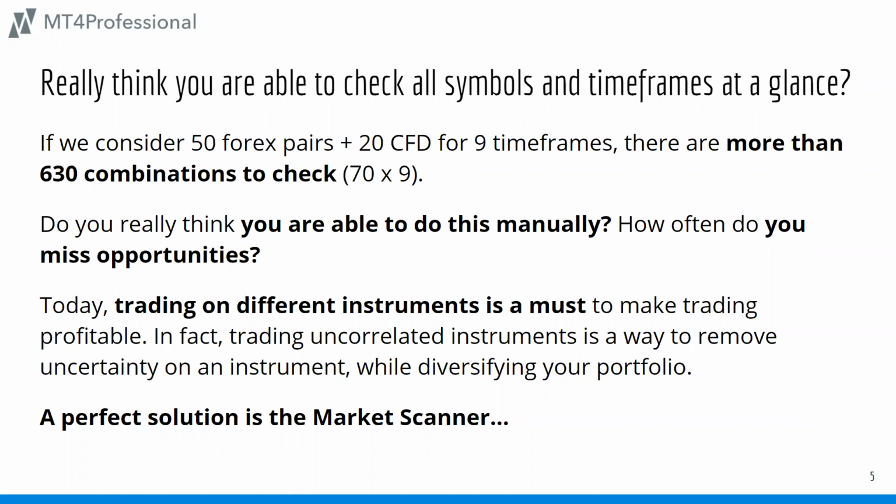Well, today, if you're trading on different instruments, you have an advantage. The more instruments that you have, the more of an advantage you have. It's going to help to make your trading much more profitable. In fact, if you're trading uncorrelated instruments, it's the best way to remove uncertainty and to diversify your portfolio. So a perfect solution for this problem is a market scanner. Okay?